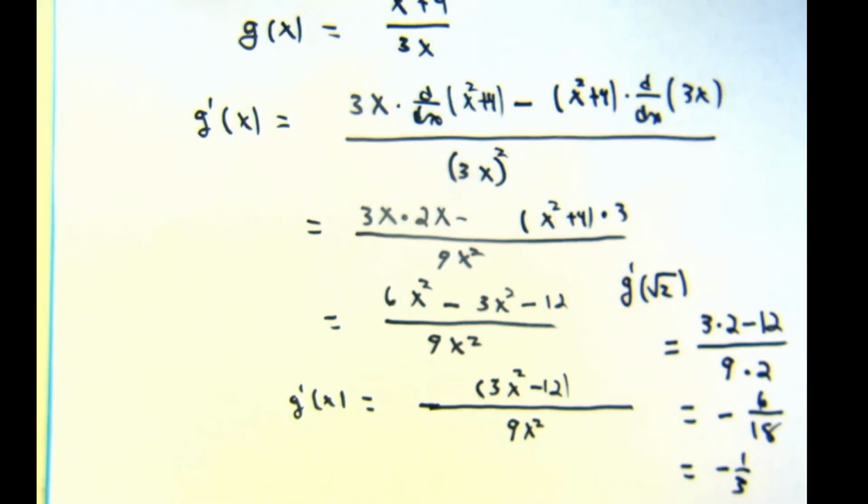The absolute value of that is 1/3. 1/3 is less than 1. As long as I don't get too far away, the derivative will be smaller than 1 in absolute value, and I'm in the good situation. There's going to be an interval in which, if I take my starting point within that interval, the fixed point method will work.